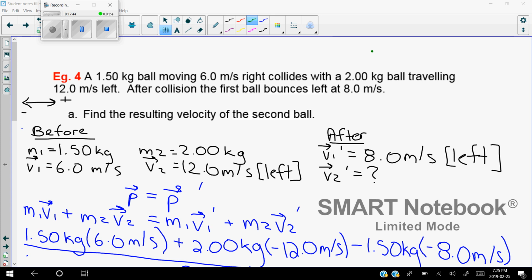So we had a ball moving 6 meters per second right, collides with a 2-kilogram ball traveling 12 meters per second left. After the collision, the first ball bounces left at 8 meters per second. We're given a whole bunch of information. So just quickly copy down mass 1, V1, because these are the things that you will need, as well as mass 2.